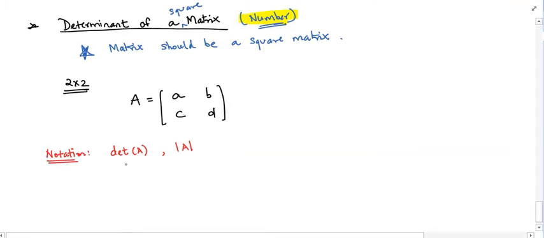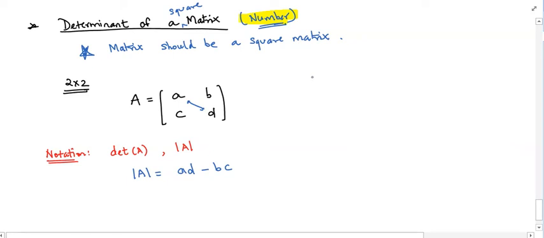Okay, this is the representation of the determinant. How do we find it? Determinant of A is: cross multiply the elements diagonally and subtract them. a multiply d minus b multiply c.